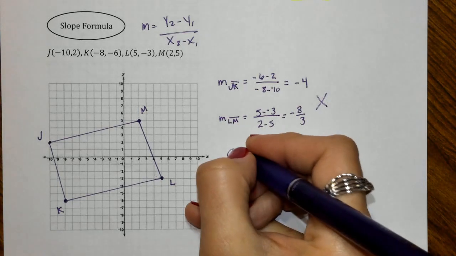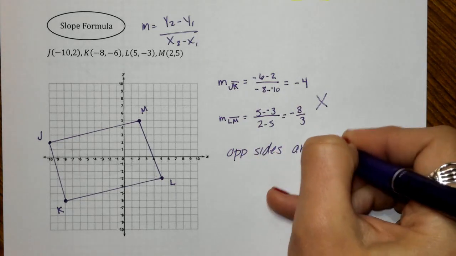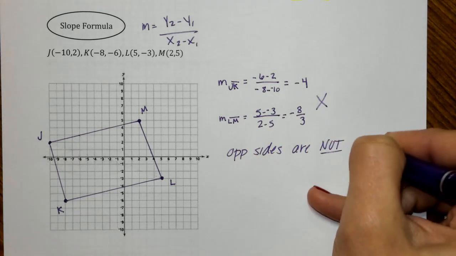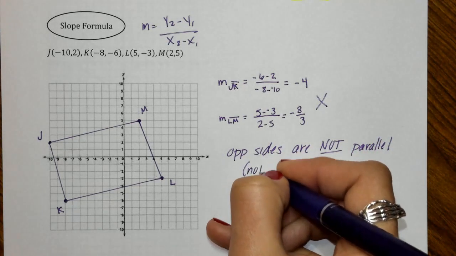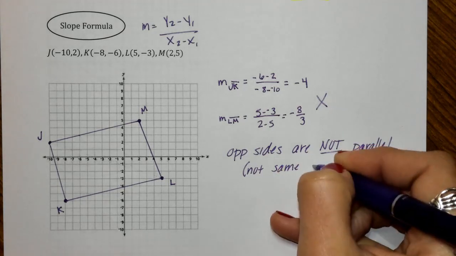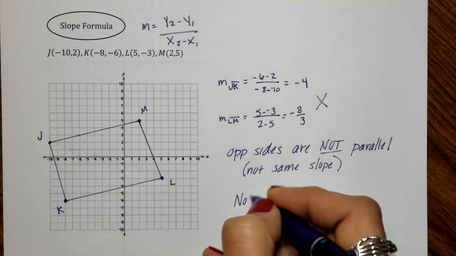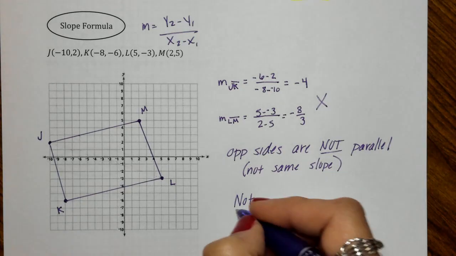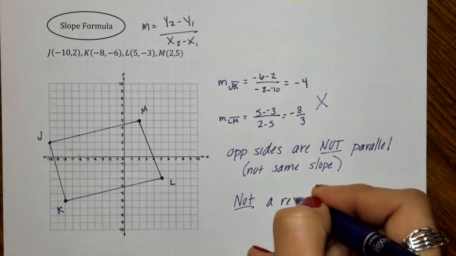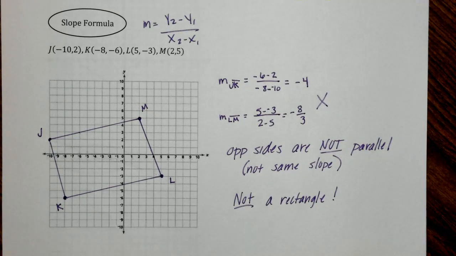So the opposite sides are not parallel, not the same slope, just to remind ourselves. So not only is this not a rectangle, but it's not a parallelogram. It's asking, is it a rectangle? We'll say no, because it's not even a parallelogram. The opposite sides have to be parallel.